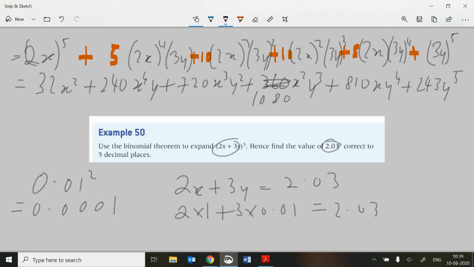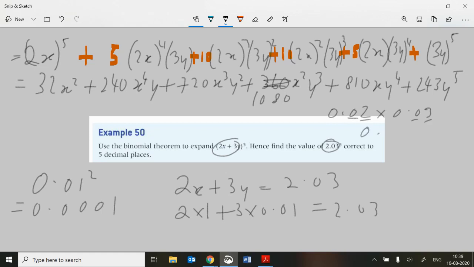A little tip on this, by the way, if you're timesing something, say 0.02 times 0.03, if you trust my numeracy skills here, you've got 1, 2 spaces there, and 1, 2 spaces there.